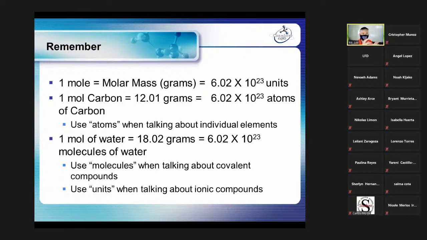So really, they're attracted to everything that's around it. If you break down this substance into its most basic pieces, that's what you're going to get: those units. So that's what we call units, okay, for the ionic compounds. All right, so let's continue on.